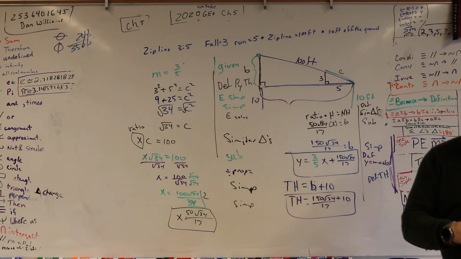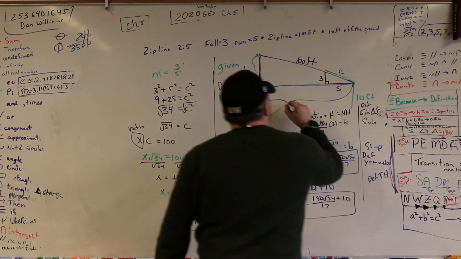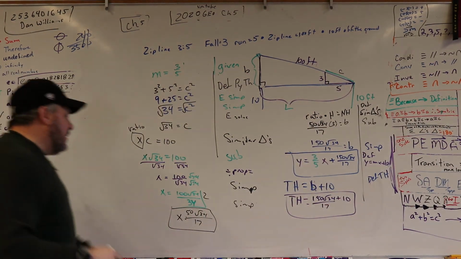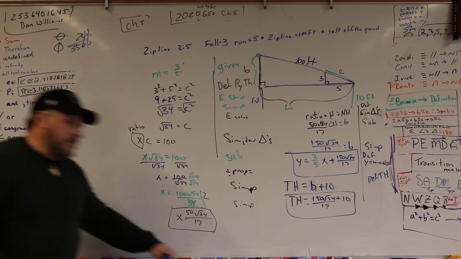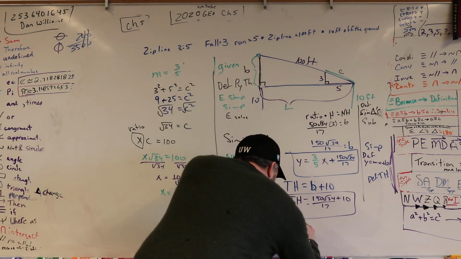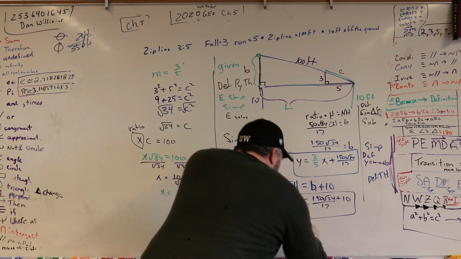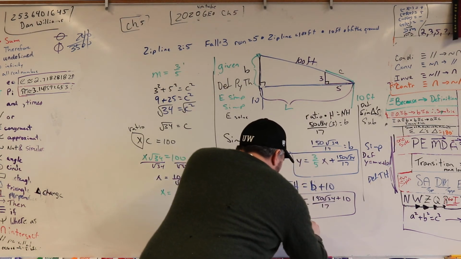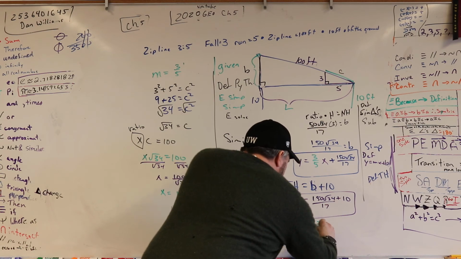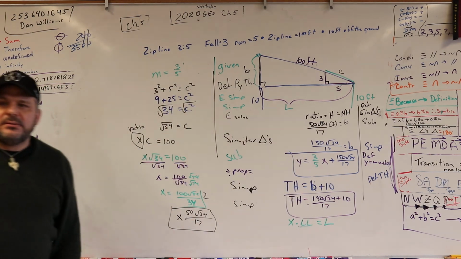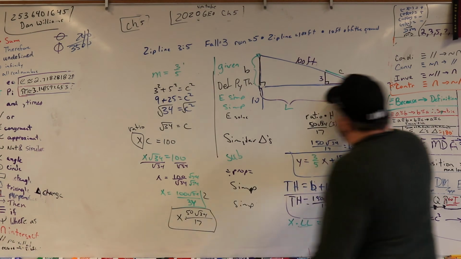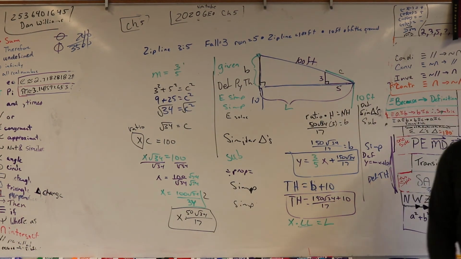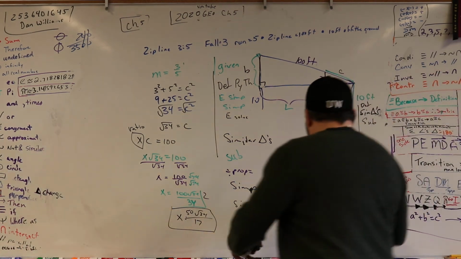Let's call it big L. We're going to take X times little l, right? So x times little l is equal to big L. In other words, 5 times X equals big L. What's 5?